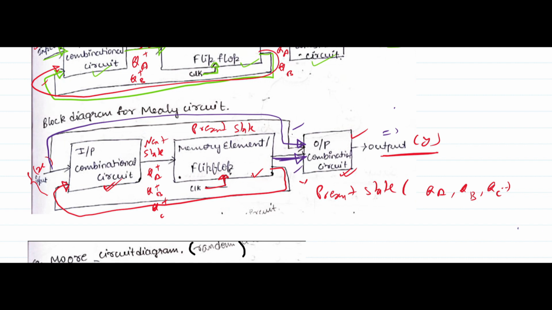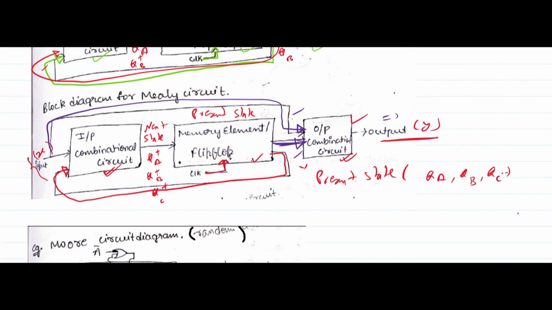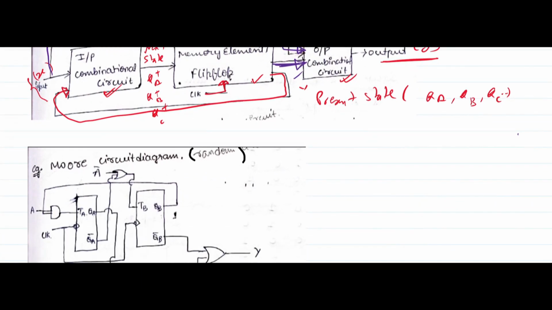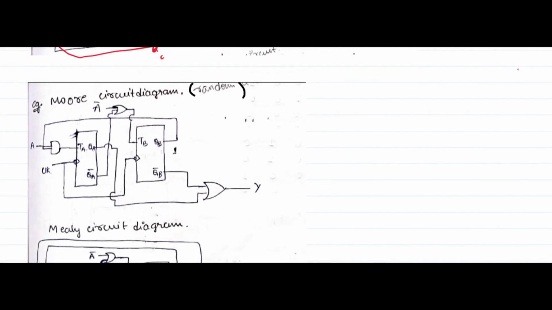Now let me give a random example using gates and flip-flops for Moore and Mealy. This is a random circuit using T flip-flops, with TA, TB, QA, QB.